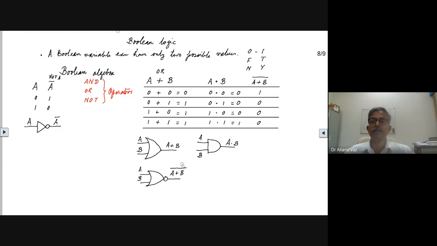So this is actually a NOR gate. This is A NOR B. This is A and B.